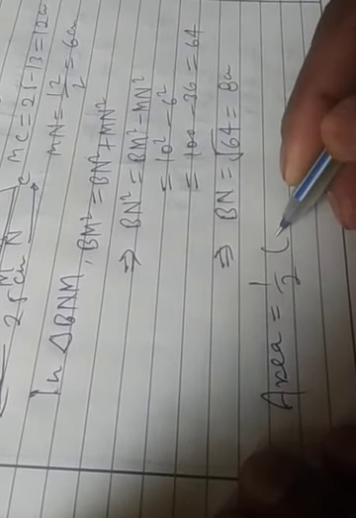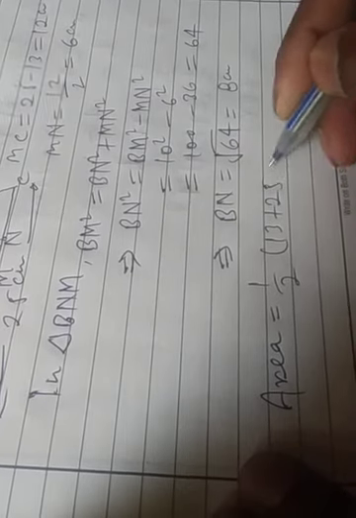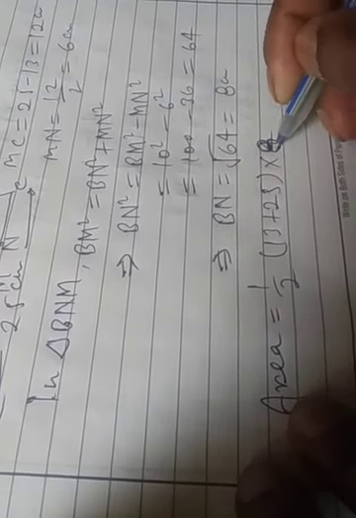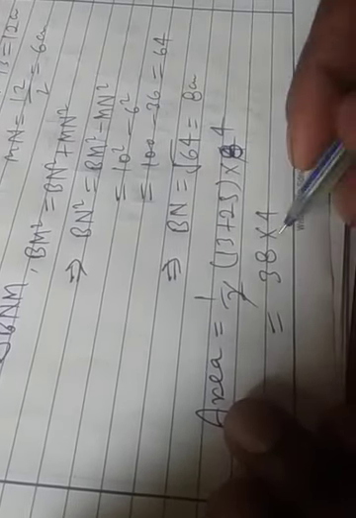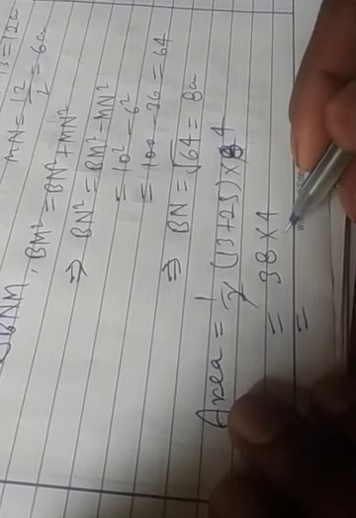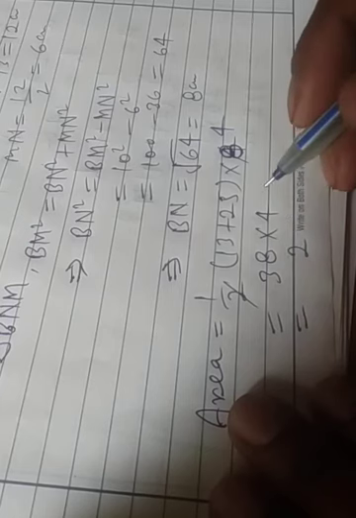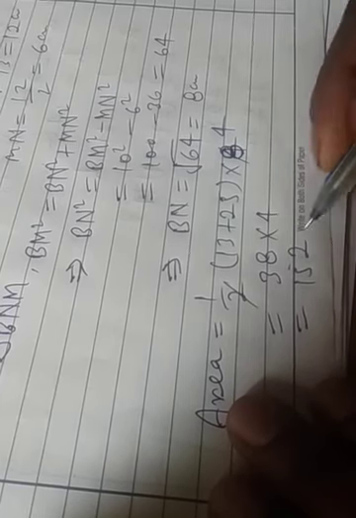Parallel sides are 13 centimeter and 25 centimeter, 13 plus 25, and into the height of the trapezium, which is 8 centimeter. 2 4s are 8, and 25 plus 13 is 38, into 4. 4 8s are 32, and 4 3s are 12, 3 15.